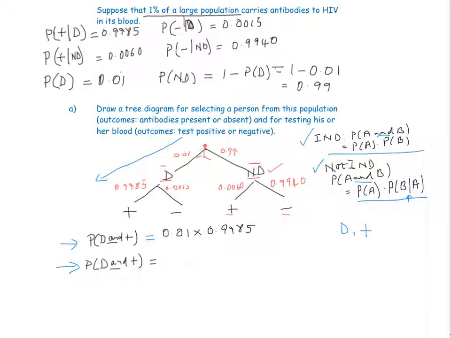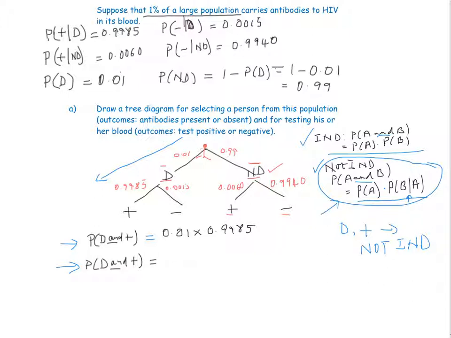So probability of A times the probability of B given A. Now the probability that a randomly chosen person will show positive on the test will depend on whether the person has the disease or not. So the two events clearly are not independent of each other. So that tells us that the rule that we apply to this situation is the multiplication rule that is highlighted here.